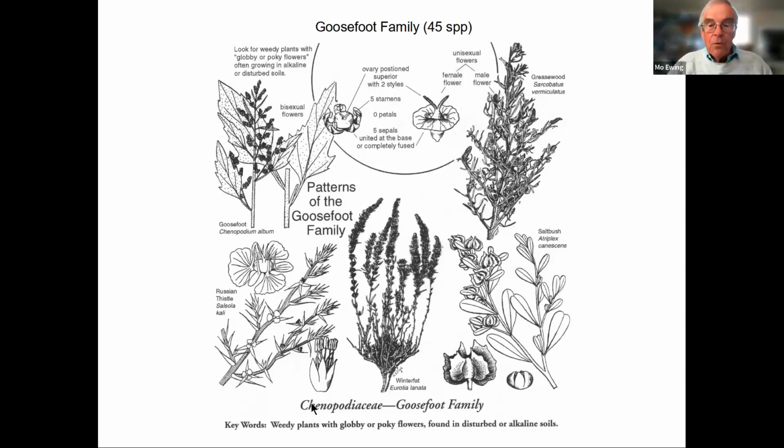So anyway, in this family, the flowers don't look like flowers.